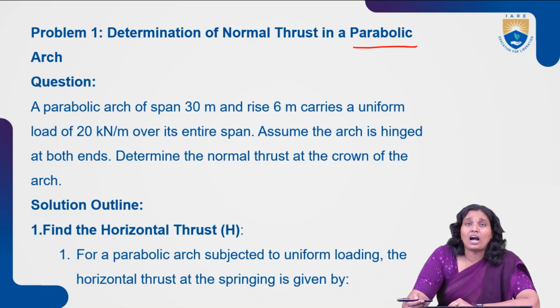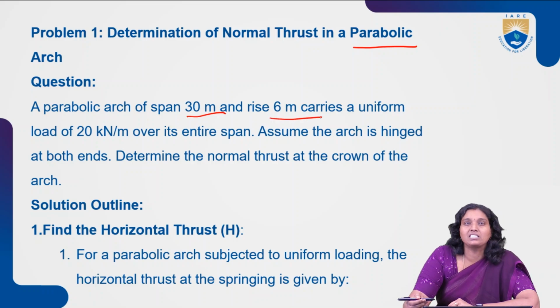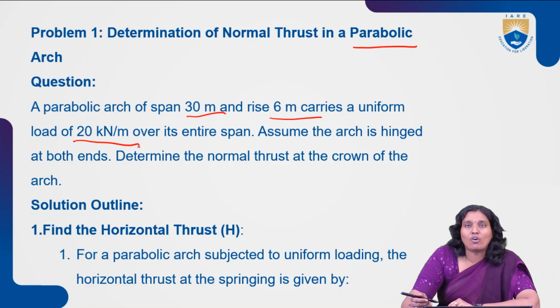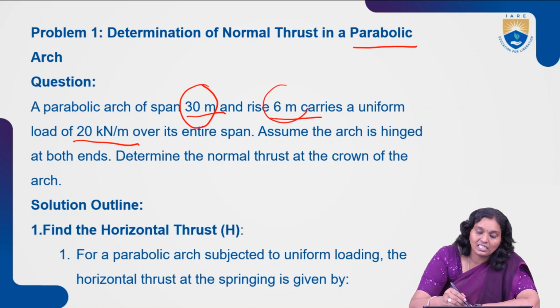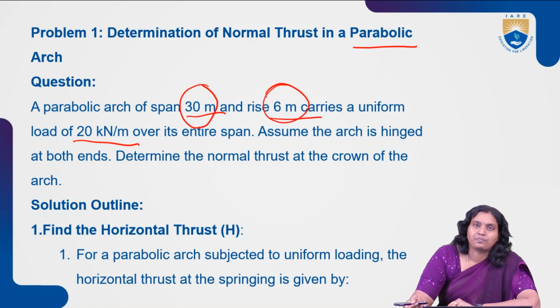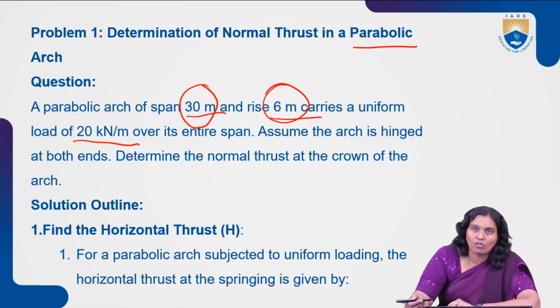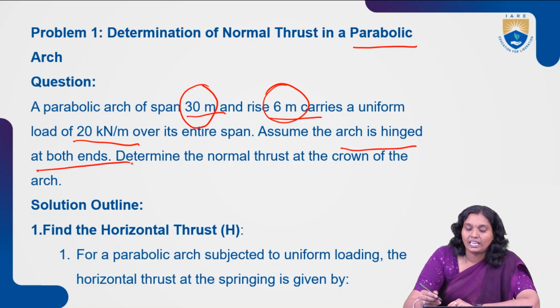A parabolic arch of span 30 meters and rise 6 meters carries a uniform load of 20 kilonewton per meter over its entire span. Assume the arch is hinged at both ends.